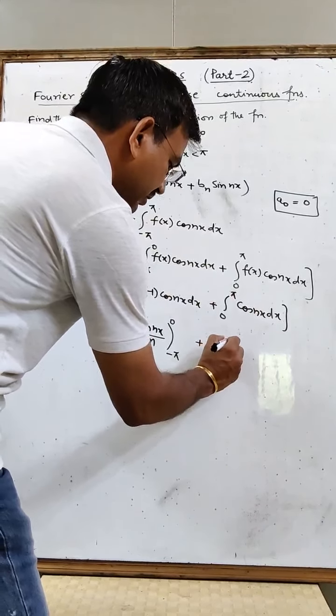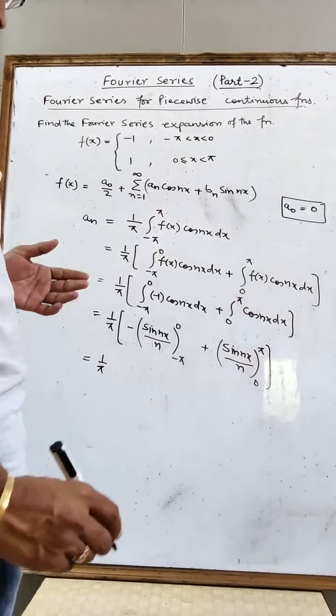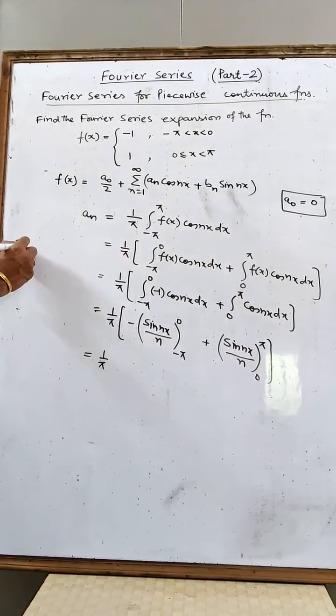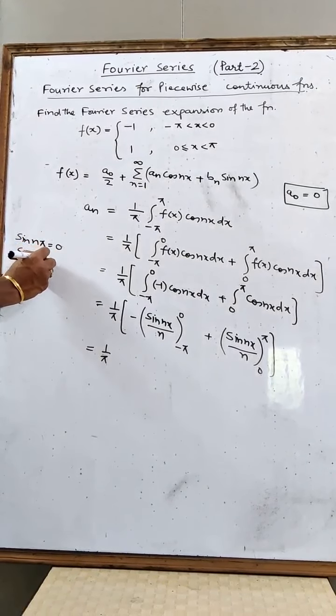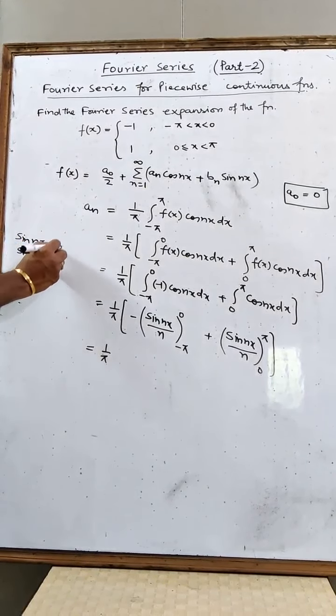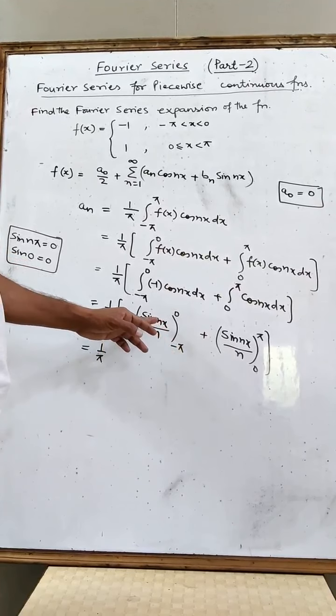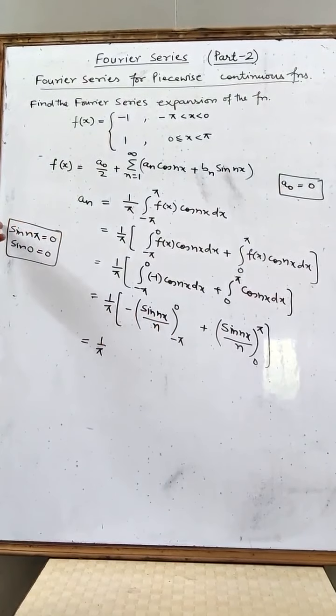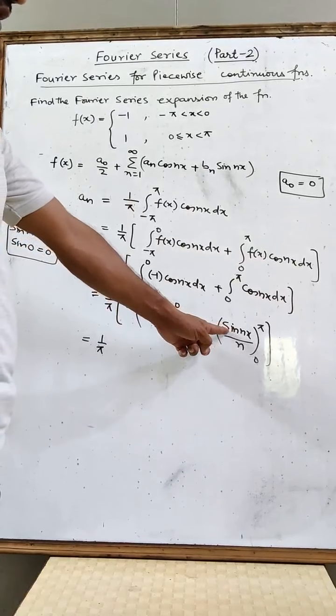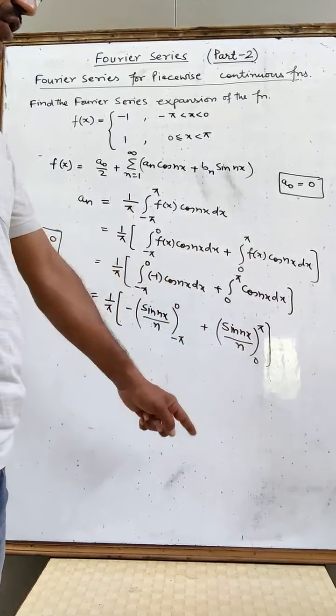And students, you know that sine of n pi is equal to 0, sine of 0 is also equal to 0. So when we put the upper limit here, sine 0 will be 0. The second time when we put the lower limit pi here, sine of n pi will also be equal to 0. The same case here, sine of n pi is equal to 0 and sine of 0 is equal to 0.